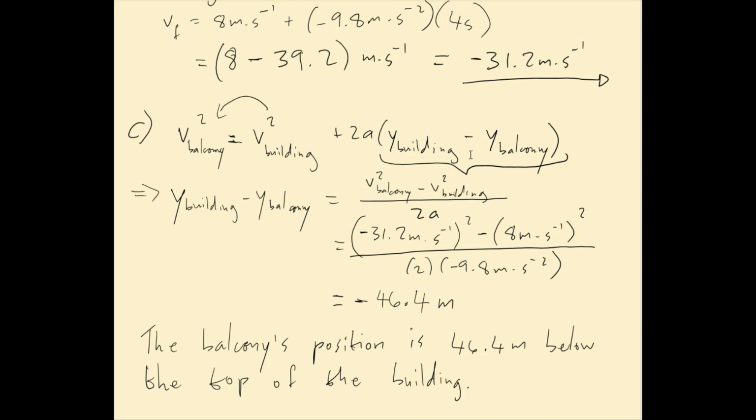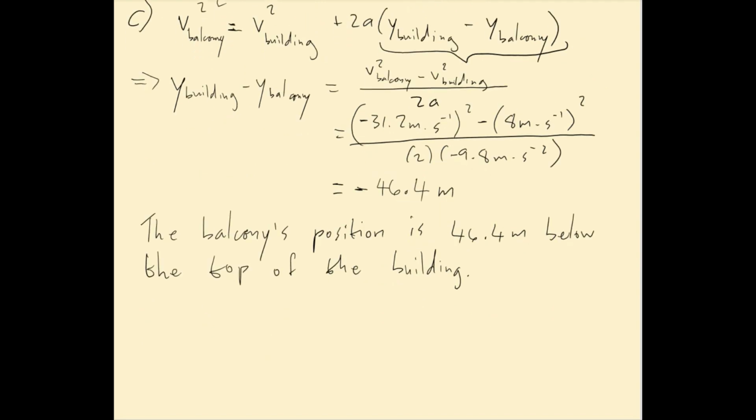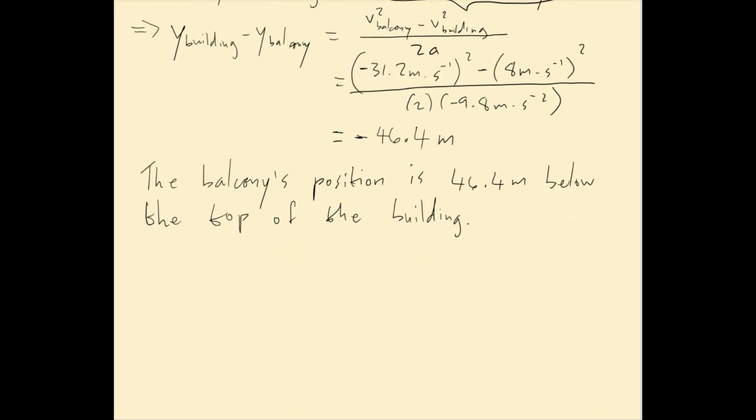So then what would h be? So if we have our building and we know this is 60 meters and this is 46.4, we just do a little arithmetic to get h.